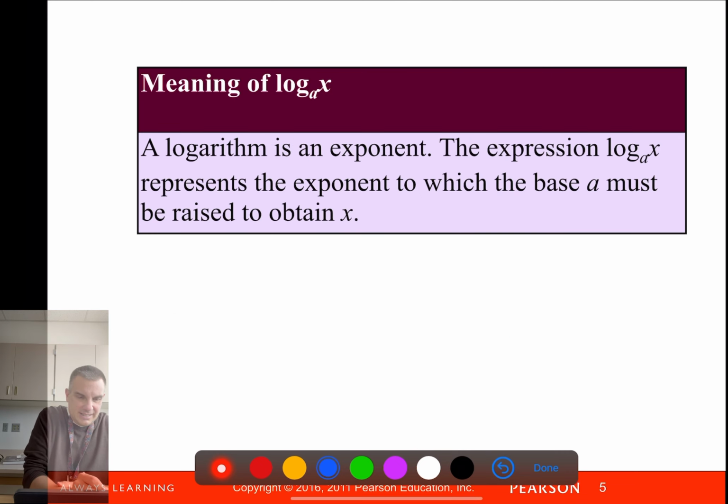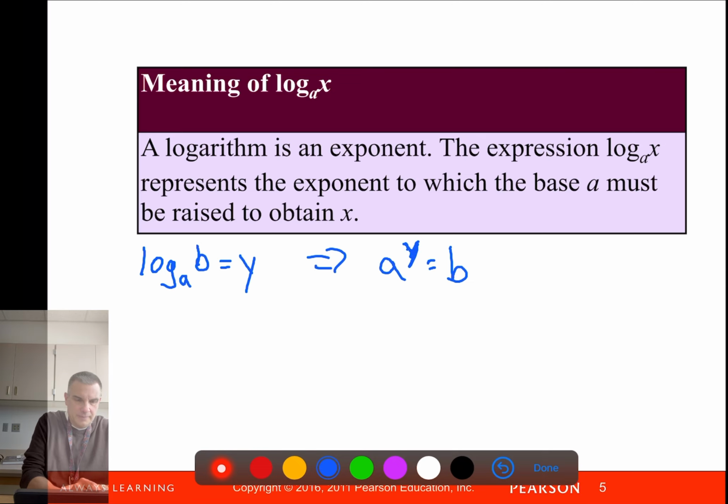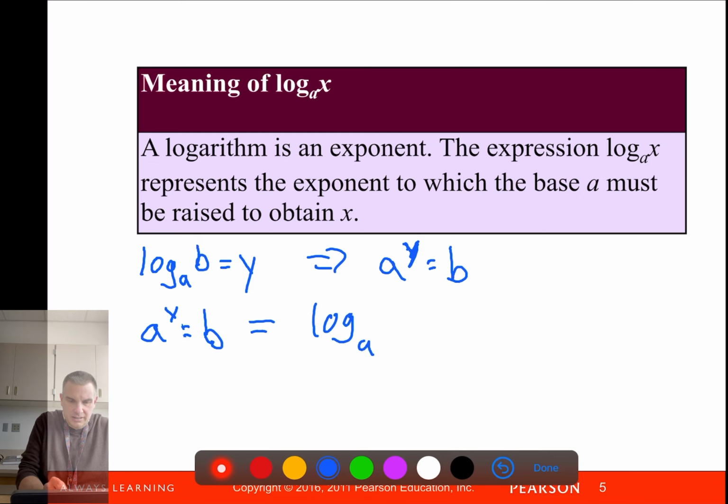Okay, so I like to write it a little bit different than this. I say log base a of b is equal to y, that this is equivalent to a to the y power equal to b. Those two things are equivalent to each other. And a to the y equals b is equivalent to log base a of b is equal to y.